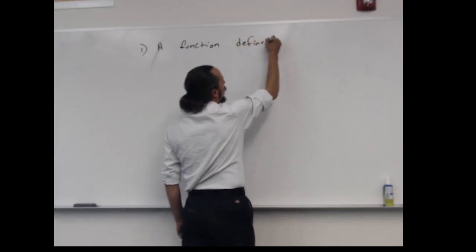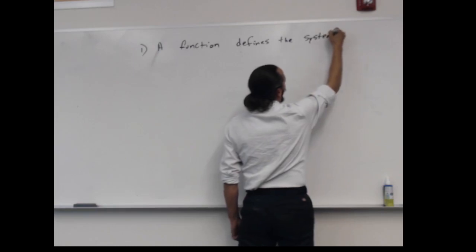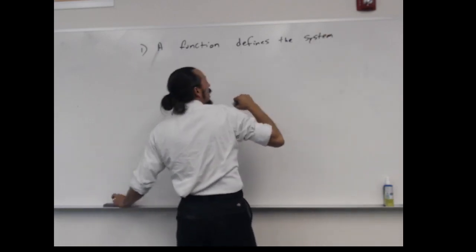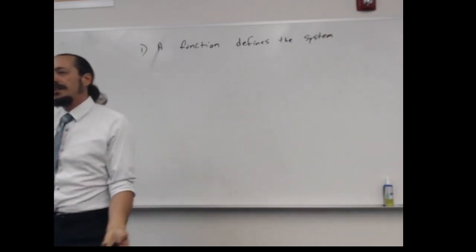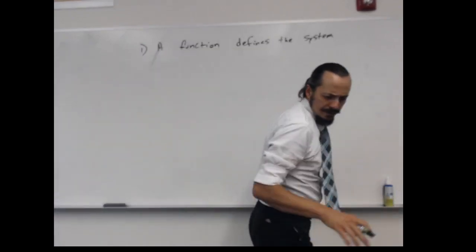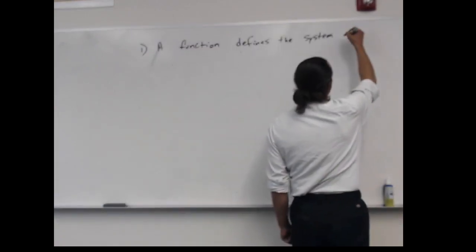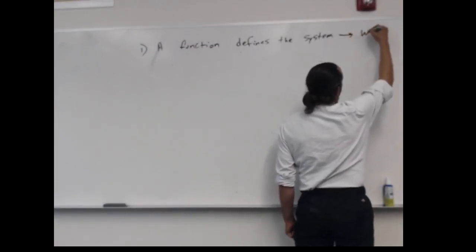So the first one is that whatever thing we're trying to describe, there's going to be a function that defines the system. This is going to be our wave function.